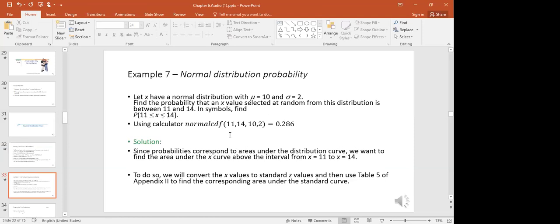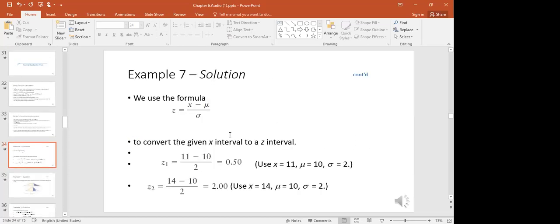But for those who don't have their calculator, you will have to make a conversion. Convert this 11 and 14 to standard form. That is 11 minus 10 over 2, and then 14 minus 10 over 2. And then read the standard normal distribution table in your textbook. So this is what we get.